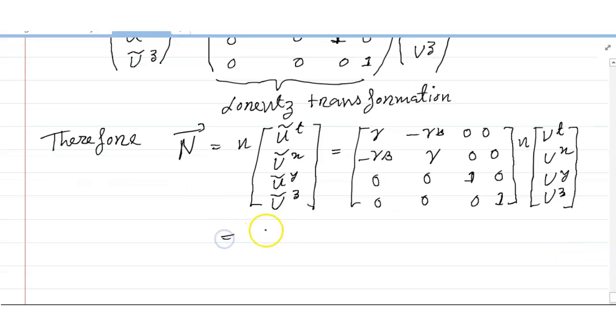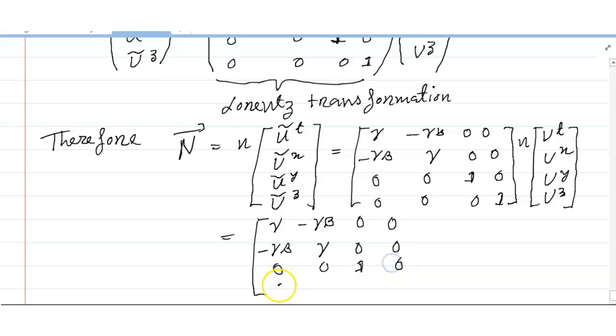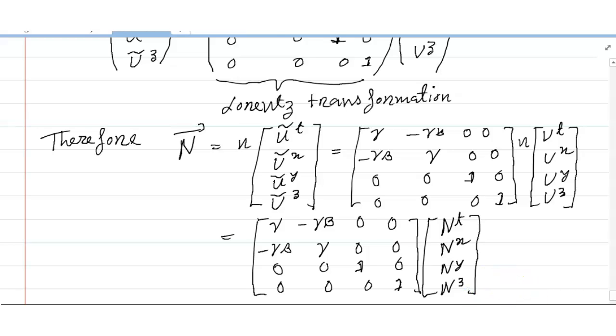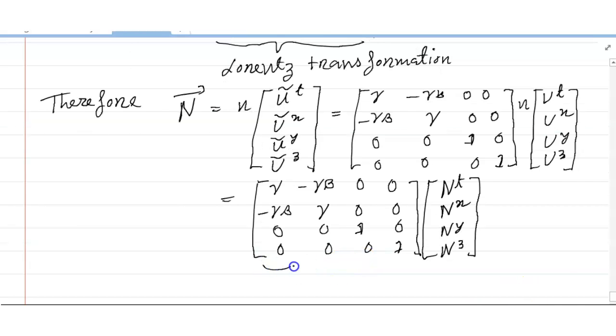This is equal to the same matrix multiplied by (nt, nx, ny, nz). This is the Lorentz transformation.